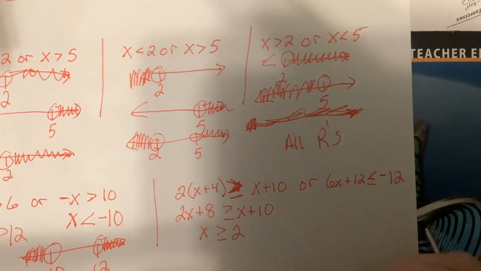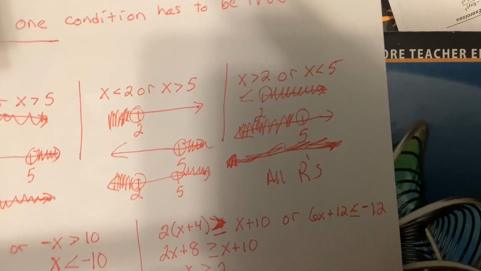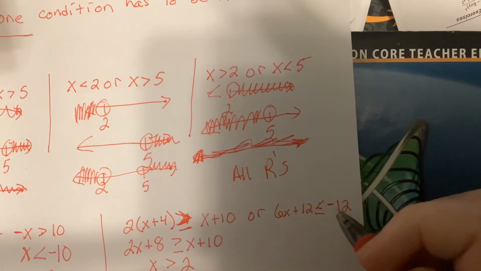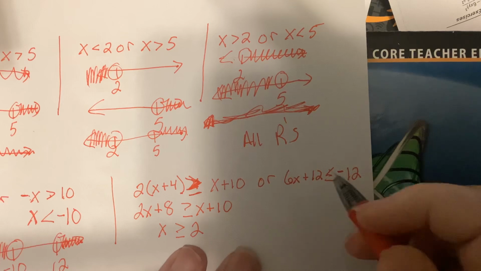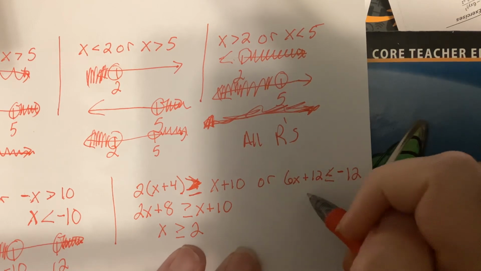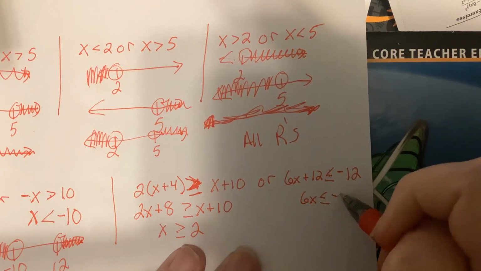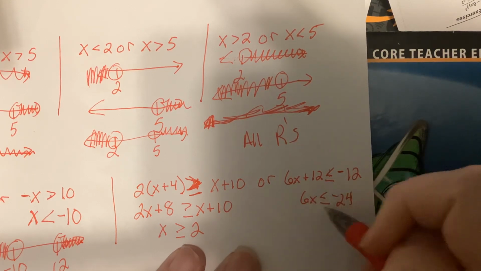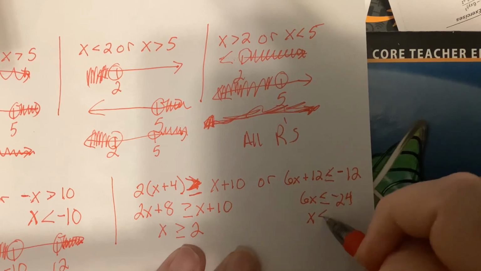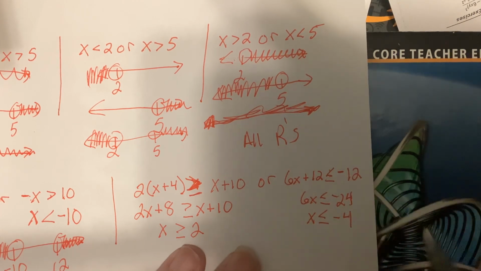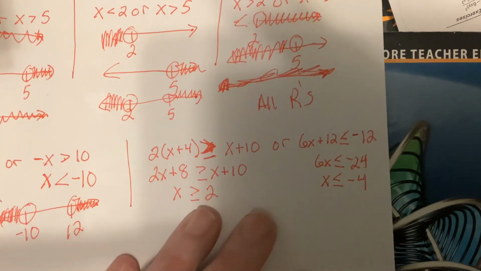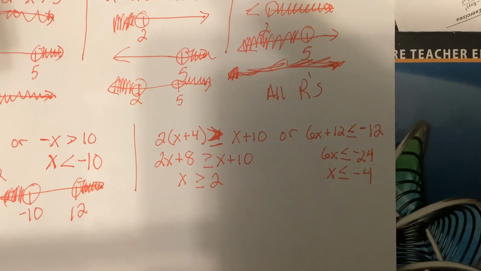So I have x is greater than or equal to 2. Then this one, the second part, I'm going to subtract 12. Then I'm going to divide by 6. So x is less than or equal to -4.